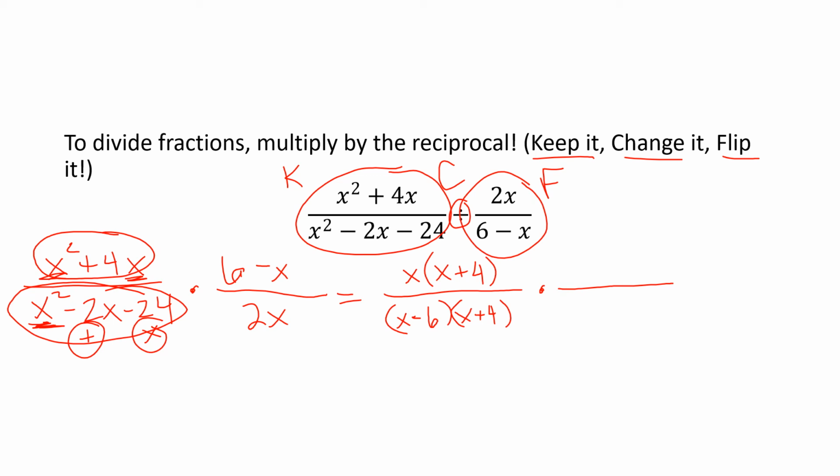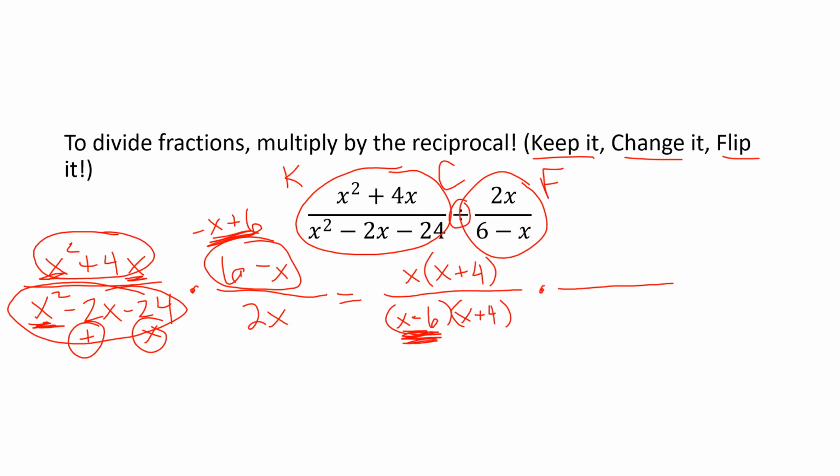Now you might already be seeing things that'll cancel out, and in fact this x minus 6 looks awfully similar to the 6 minus x that we see on the other fraction, but those are not exactly the same. In fact, 6 minus x is really a funny way of writing things. Usually we put the x first, right? So if I were to write this in the correct order, this would be negative x plus 6. So that clearly doesn't match the x minus 6 in the other fraction.